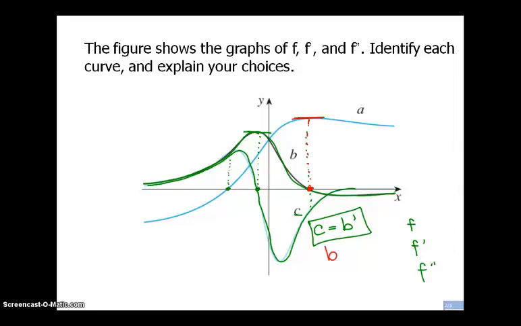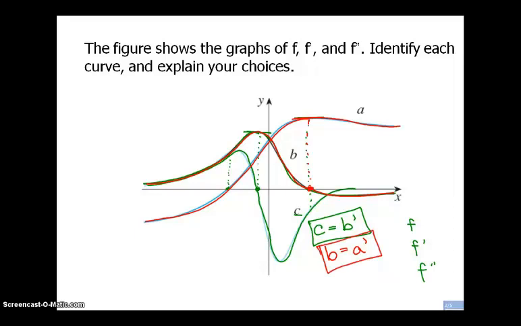My first initial guess here is that B would have to be A prime. A is increasing from here to here, meaning B should have positive outputs over that whole interval. Yep, that's good. A is decreasing over this interval, meaning B should have negative outputs. Sure enough, it does. So I'm saying that's the case as well.